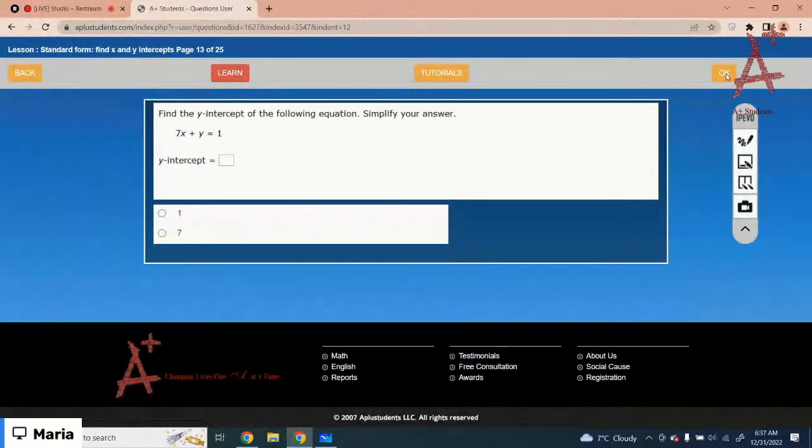Find the y-intercept of the following equation. Simplify your answer. So which is the correct option? Yes, very good. The correct option is 1.